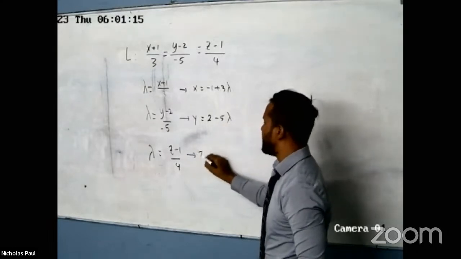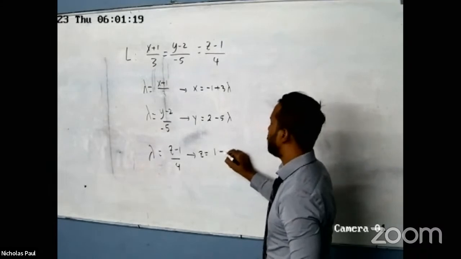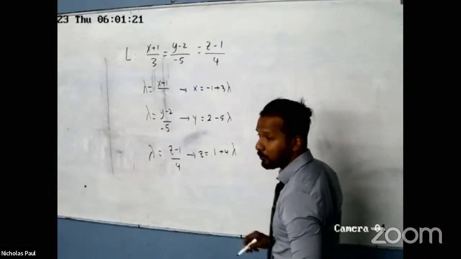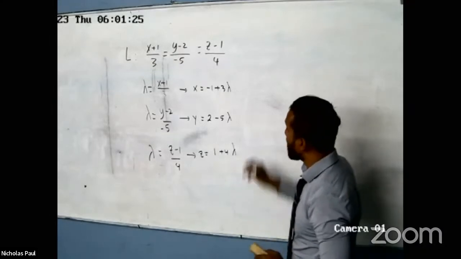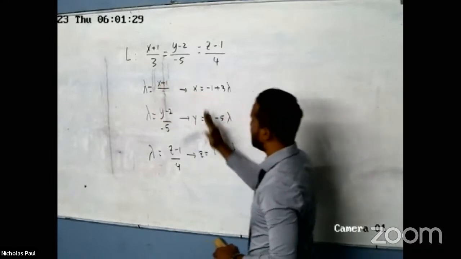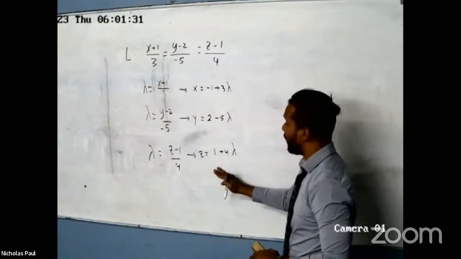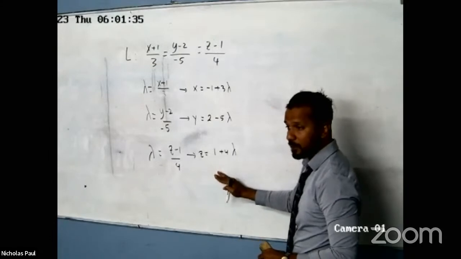Here you make z the subject, and you will end up with 1 plus 4 lambda. Do you get that? So this is your parametric form. Are you okay with that?